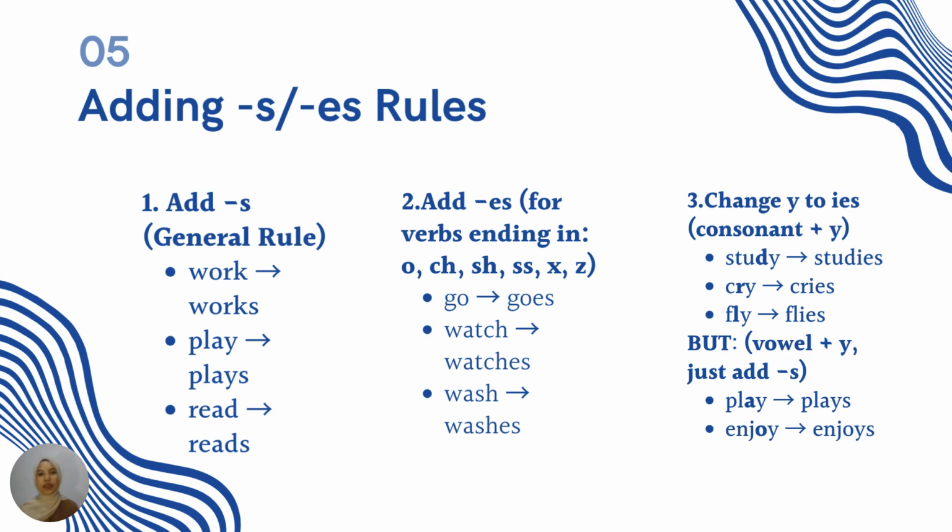And then these are the rules for adding s and es. The first, add s for general rules. For example, work to works, play to plays, read to reads. And the second rule, add es for verbs ending in o, ch, sh, double s, x, and z.